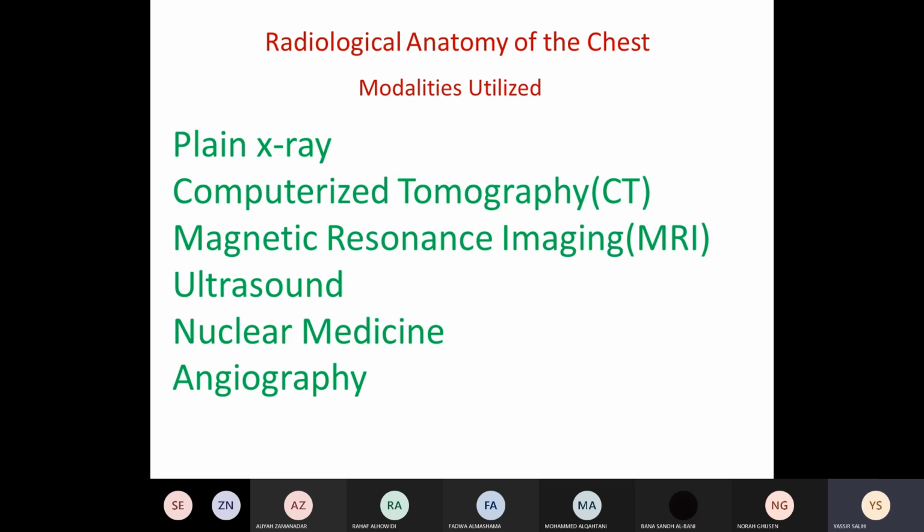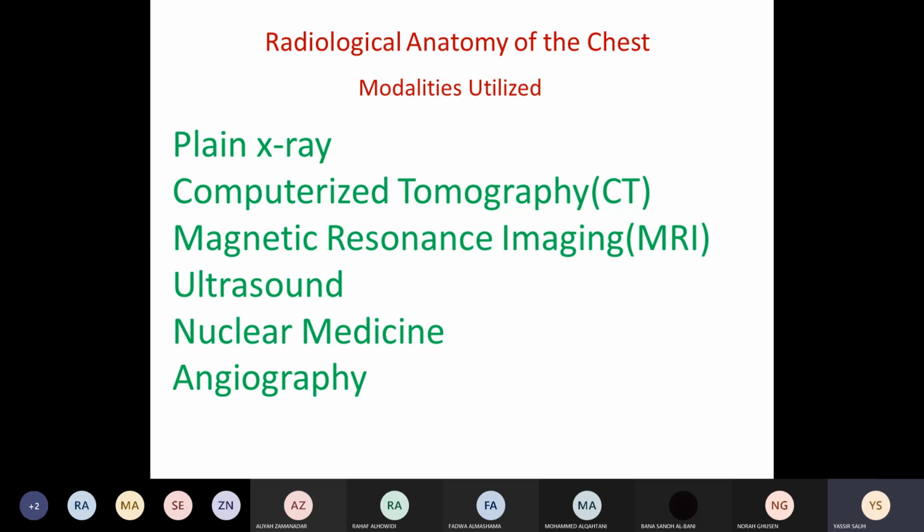As you know from the previous block, the modalities used in the assessment or diagnosis of a certain abnormality concerning the respiratory system, the most common modalities utilized in the assessment and evaluation of chest disease include plain X-ray or plain radiograph, computed tomography, CT, magnetic resonance imaging, MRI, ultrasound, nuclear medicine, and angiography.